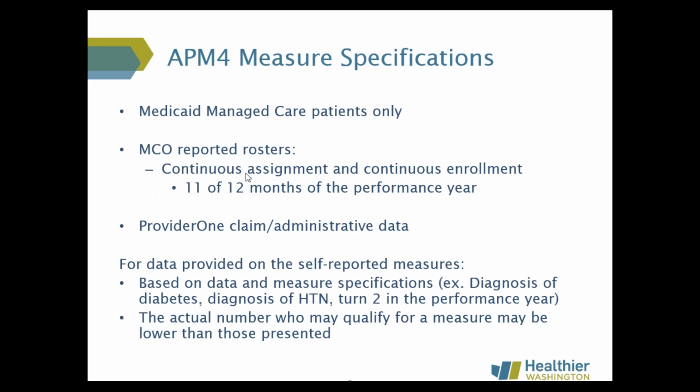So those that have switched between FQHCs, or have been only partially assigned to FQHCs, are therefore excluded from this criteria. Overall, over 60% of managed Medicaid enrollees assigned to FQHCs happen to meet this criteria of continuous assignment.